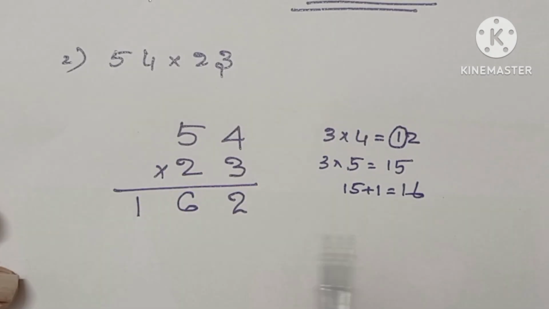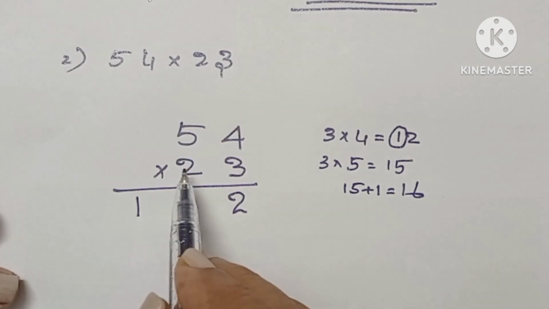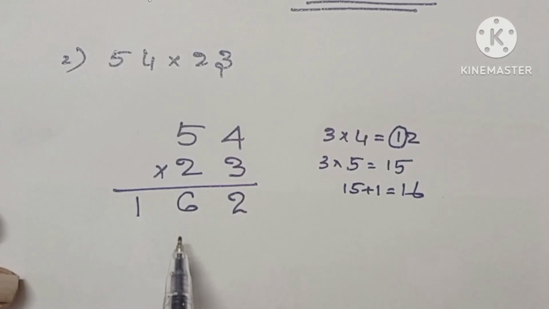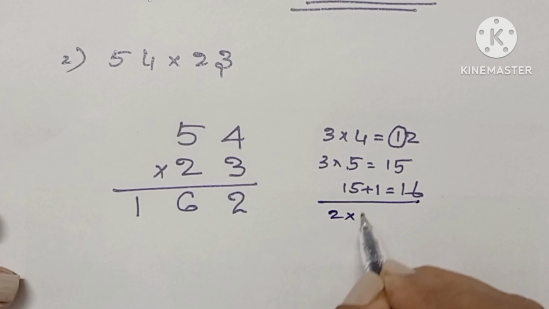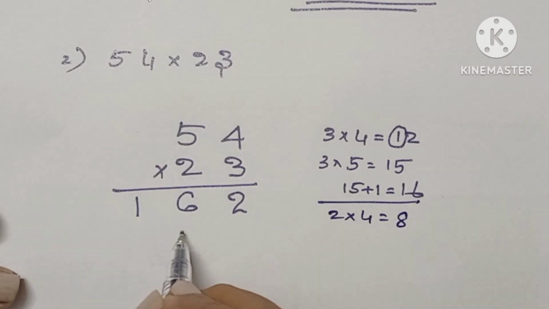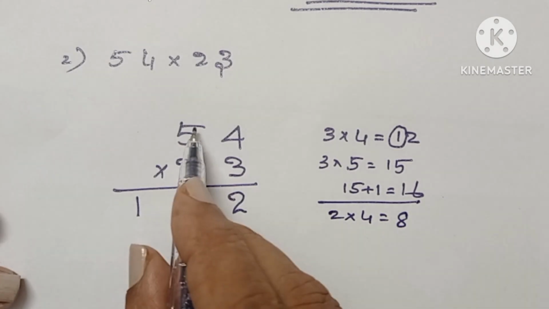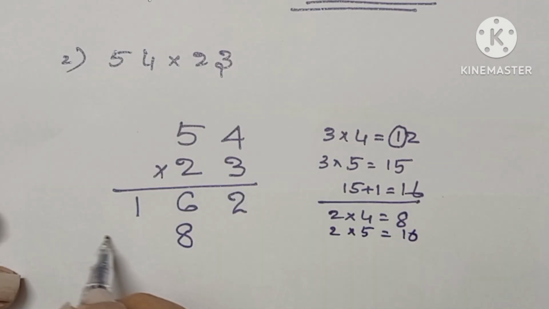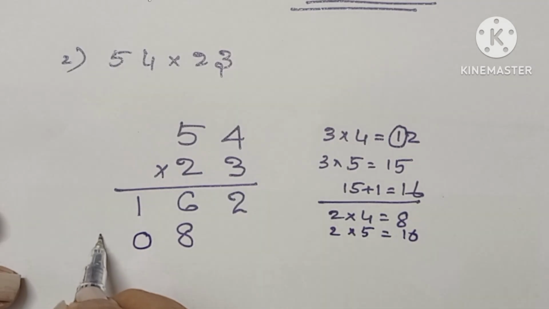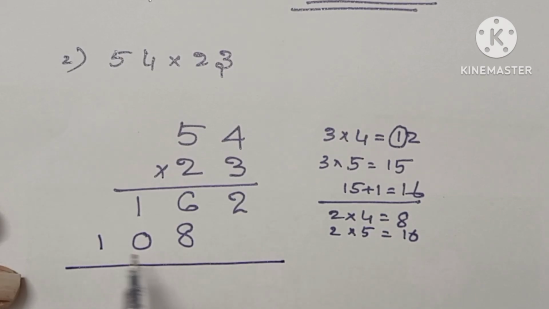Now we are multiplying with 2. 2 is in the tens place. Therefore, the answer should be in the tens place. 2 into 4, 8. 2 into 5, 10. Now 1 is in the thousands place.